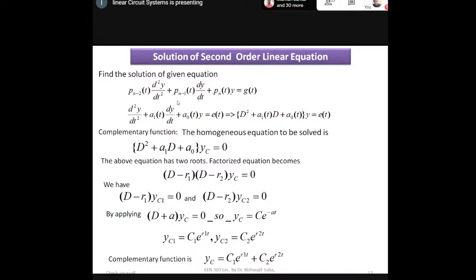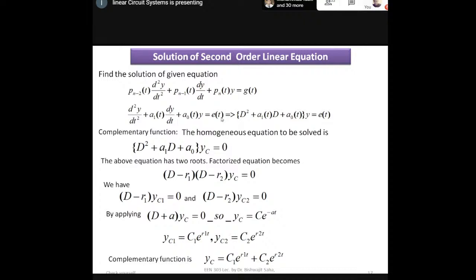So we have Pn minus 1 divided by Pn minus 2, Pn divided by Pn minus 2, g divided by Pn minus 2. Those terms change into a1, a0, and the function changes into e of t. Is it clear to you? Sir, clear, sir.